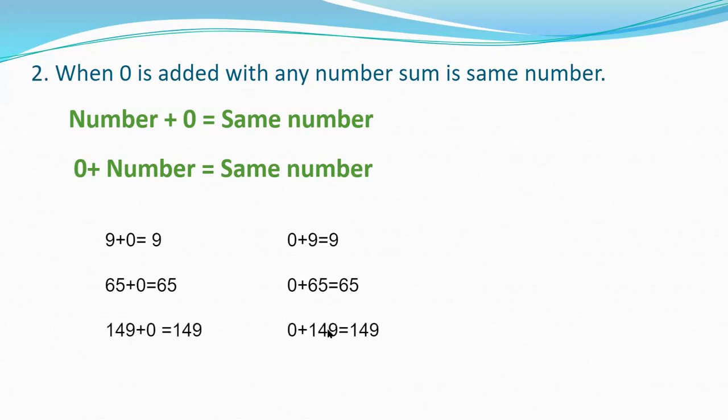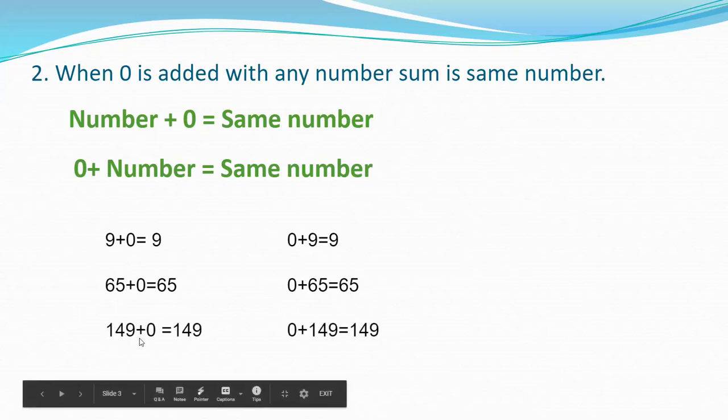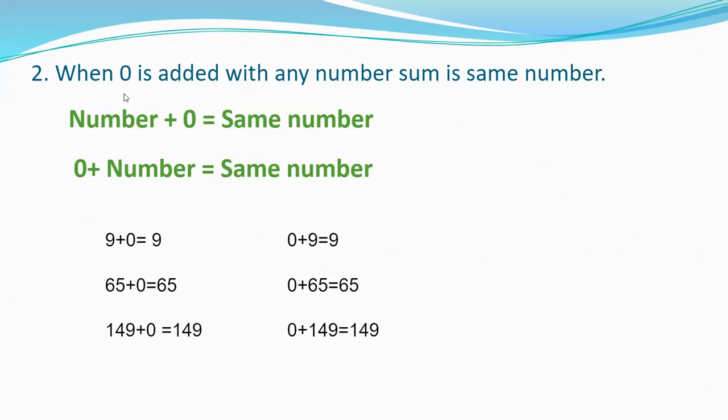One more example: 149 plus 0 equals 149. 0 plus 149 equals 149. So these are the examples which show this property.